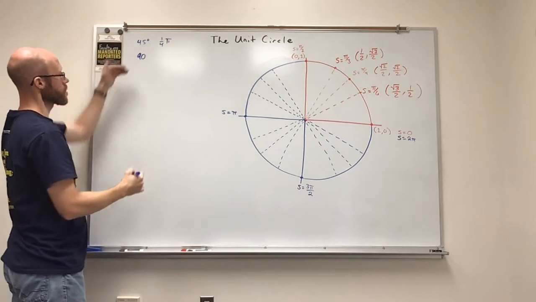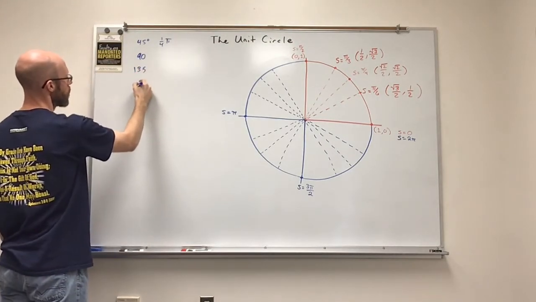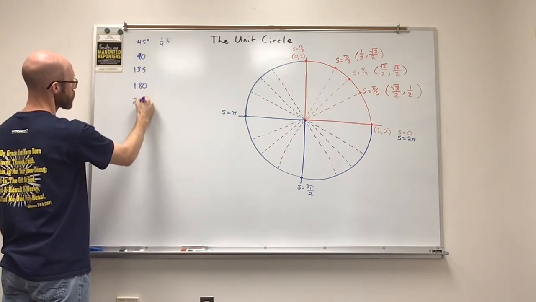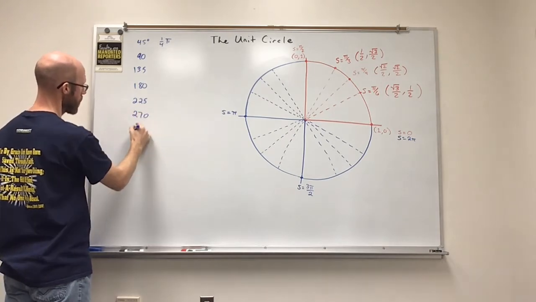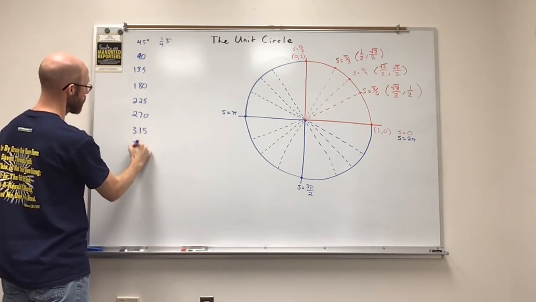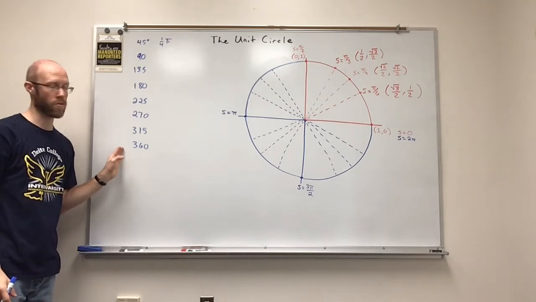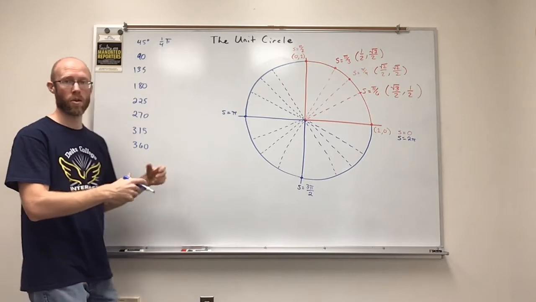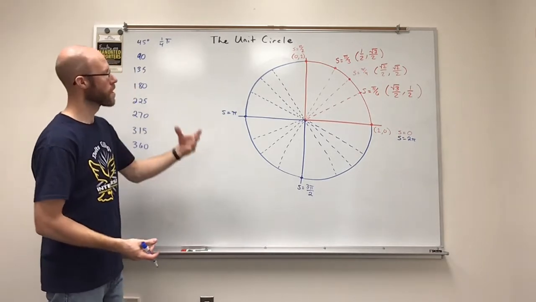So if I were to increase by 45, you get 45, 90, 135, 180, 225, and then 270, and then 315, and then 360. These are your multiples of 45, okay? So if I increase by 1/4 of a pi every time and reduce, it should work out.